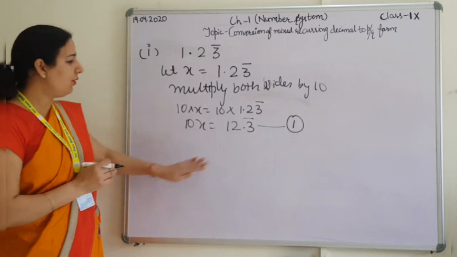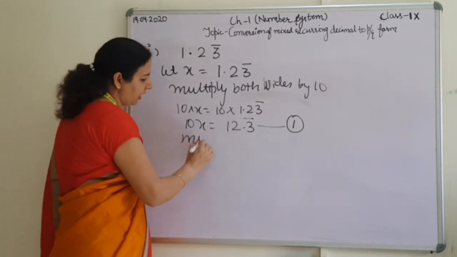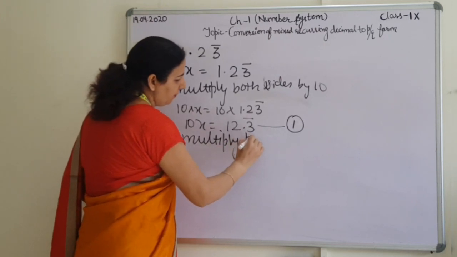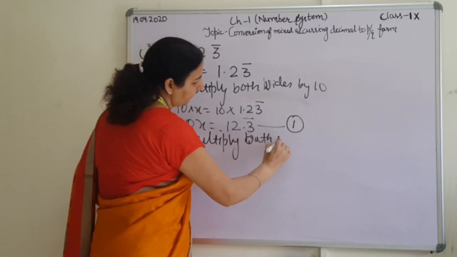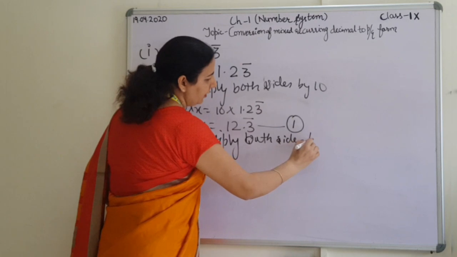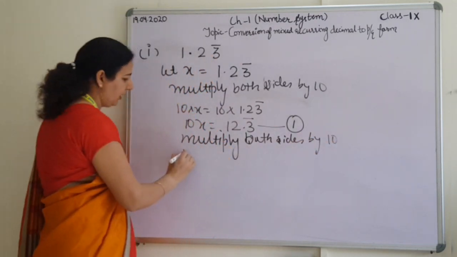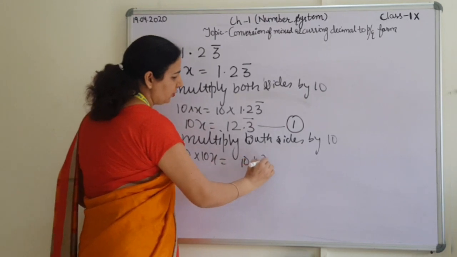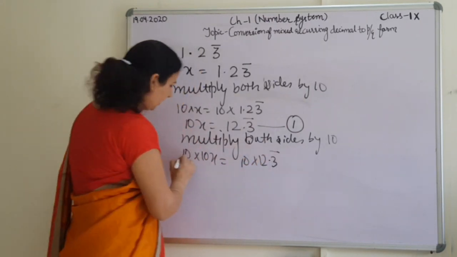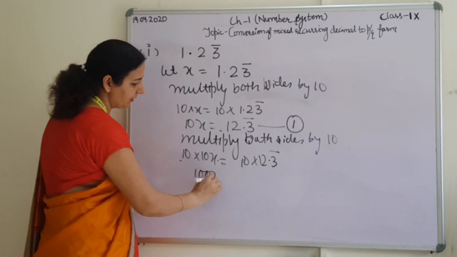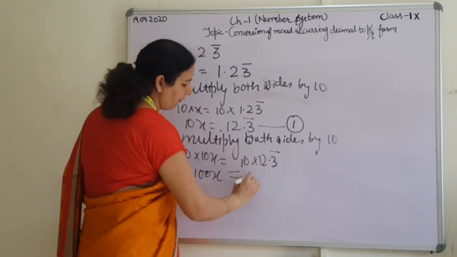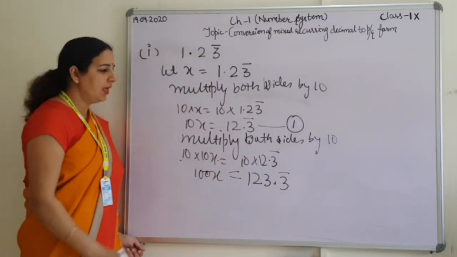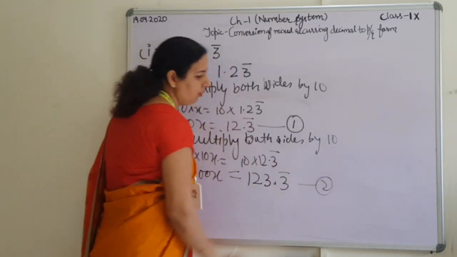So we will multiply both sides by 10. 10 into 10x is equal to 10 into 12.3 bar. This is 100x, and this will be 123.3 bar. This is equation number 2.